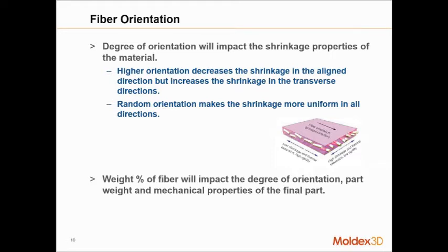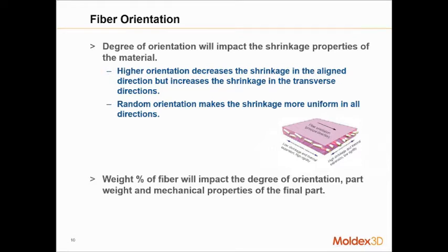We get a higher shrinkage value, the mechanical strength is lower, and we ultimately get a less stable part in this situation where our fibers are aligned in one particular direction. Now, if you're only trying to fortify your part in one particular direction, then that's perfectly fine. But if you want a more uniform distribution of shrinkage, then you might want something like a random fiber orientation.